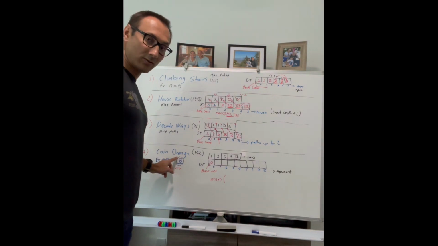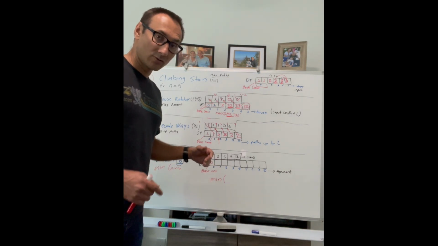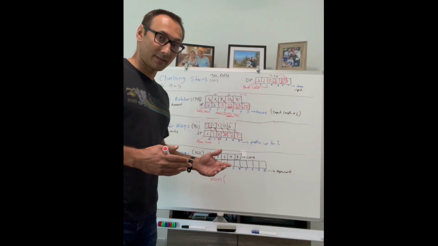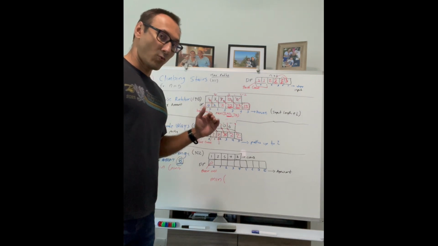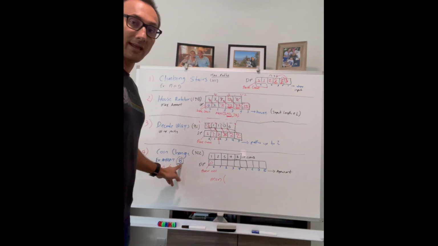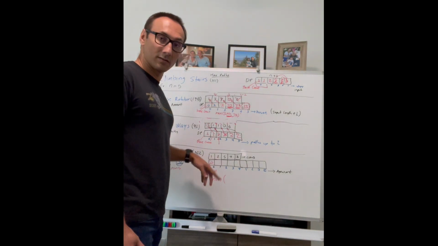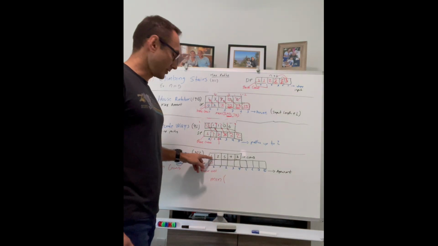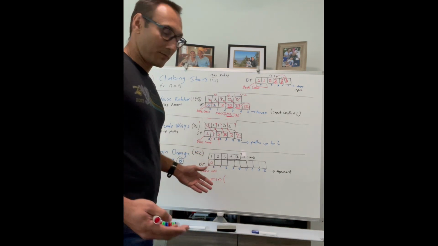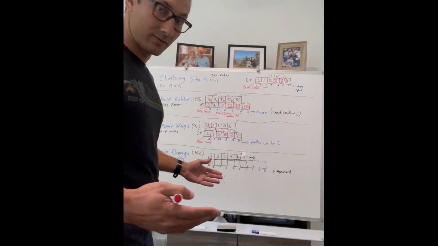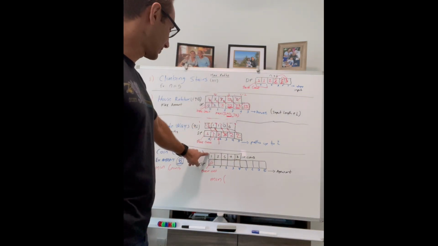So we need to know the minimum number of coins. We don't need to track which coins, but the number of coins, the minimum combination we can come up with to get $8 using these coins. Remember, you can reuse one coin as much as you want. So for example, you can use 8 times $1 to get 8, but that will probably be the longest combination you can come up with for this example.